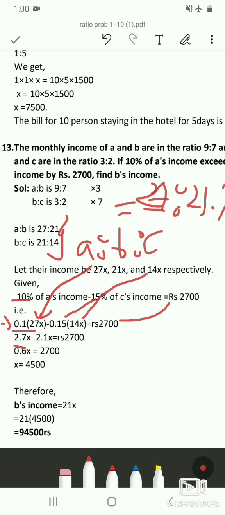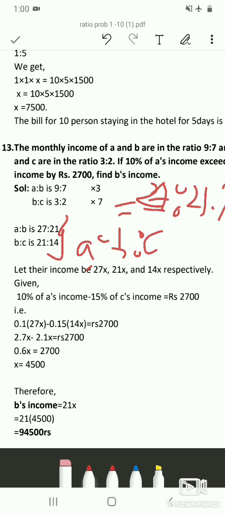Multiply these terms, you will get 2.7x, and 0.15 into 14 is 2.1x. Now the next step is 2.7x minus 2.1x, which is 0.6x, equal to 2,700. Therefore x is equal to 2,700 divided by 0.6, which is 4,500.